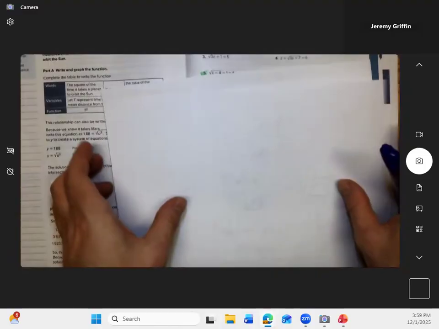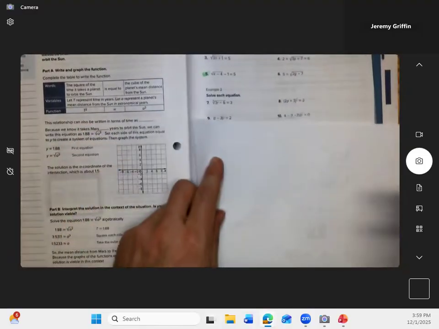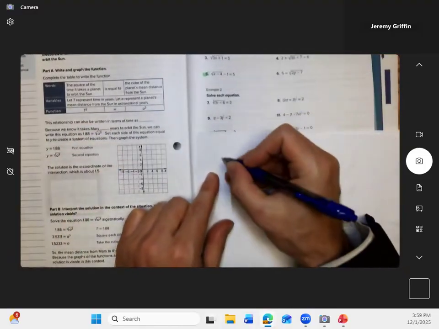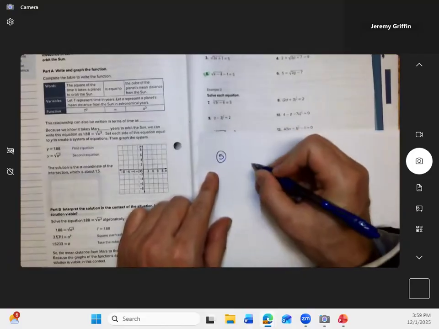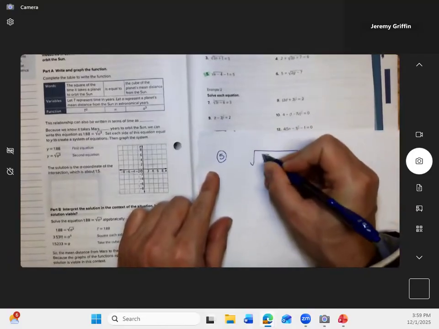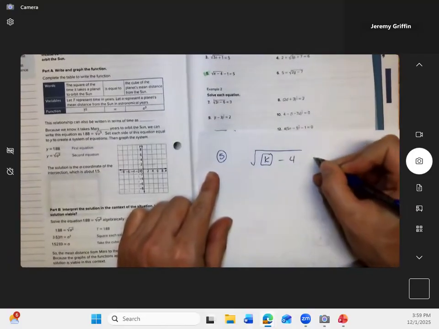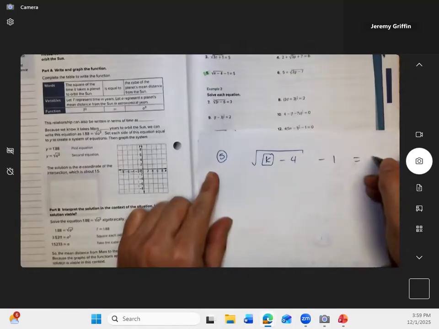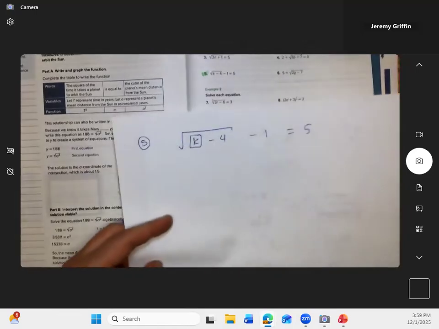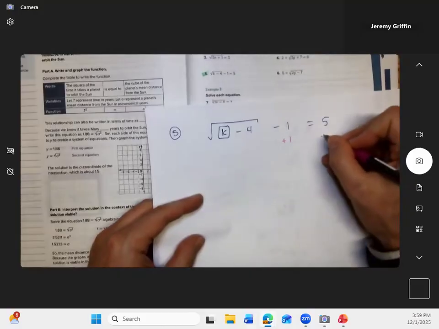All right, jump into the book questions. I got a few of these highlighted. Solve each equation. Number 5 says square root of k, which we're solving for, minus 4, and then outside the root, minus 1. This is all equal to 5. So the first thing you think is, hey, let's do plus 1 on both sides.